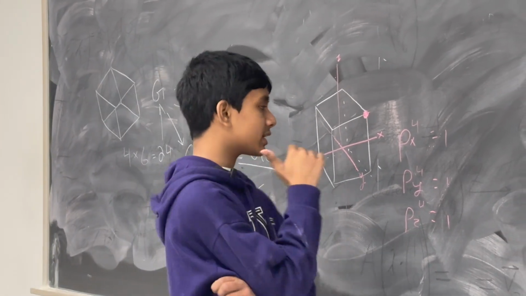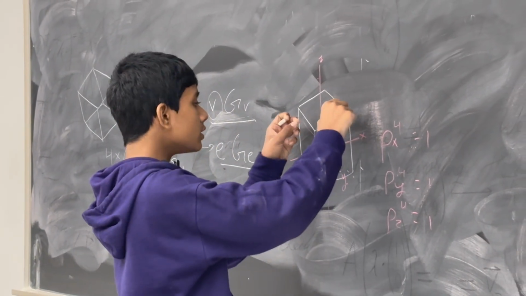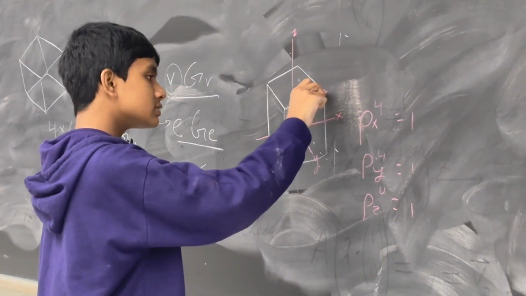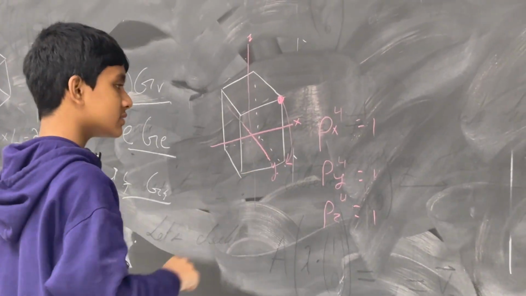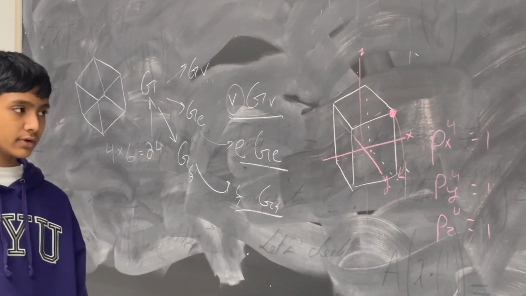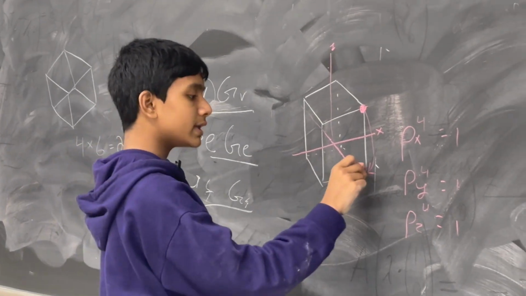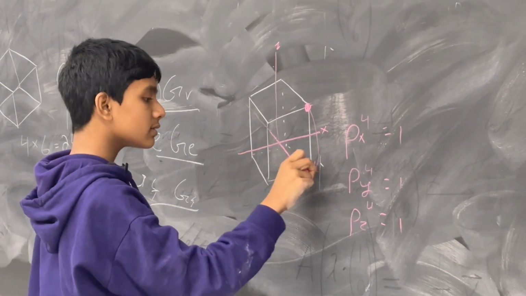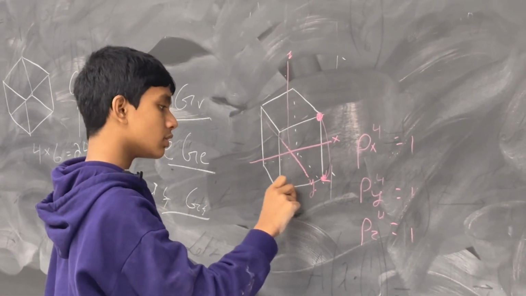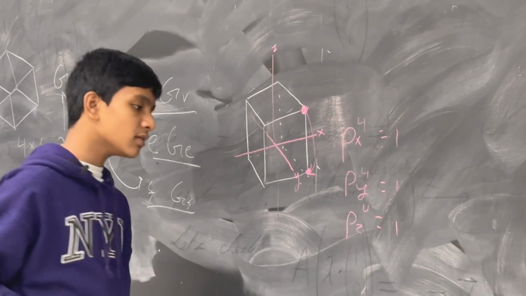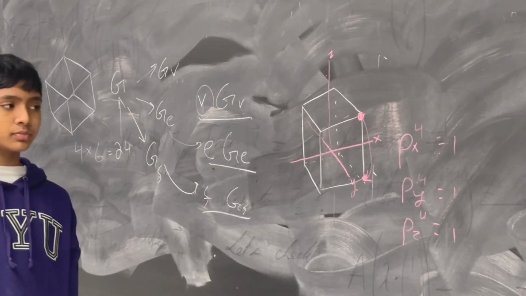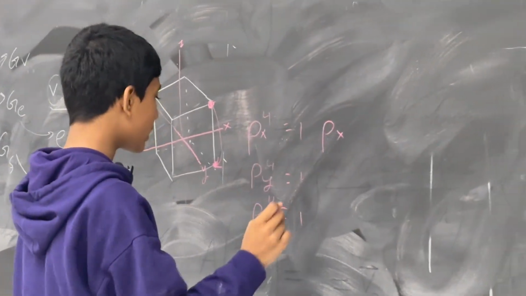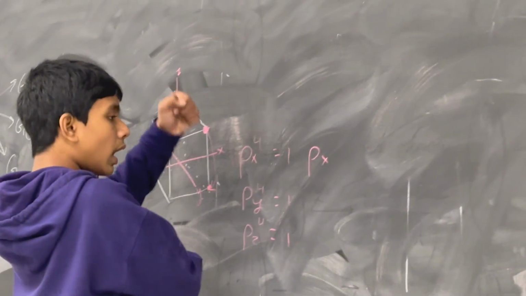We could rotate it around the x-axis like that so that it exchanges positions with this vertex right over here. And then we can rotate around the y like that so that it will return back to its original place. So what we just did was a rotation in the x by 1, followed by a rotation in the y by 3.